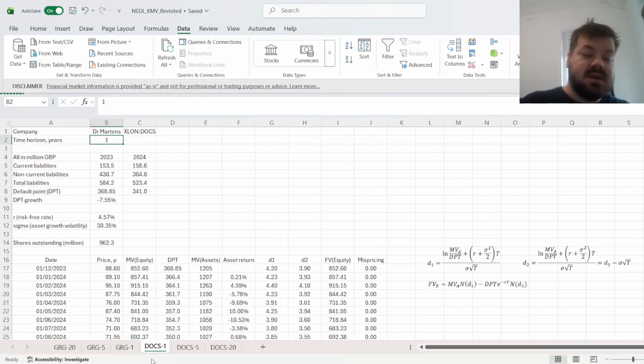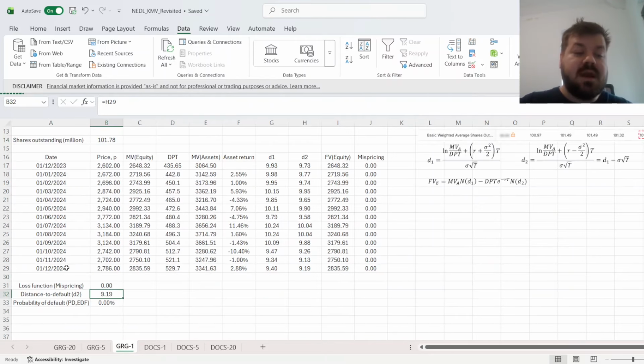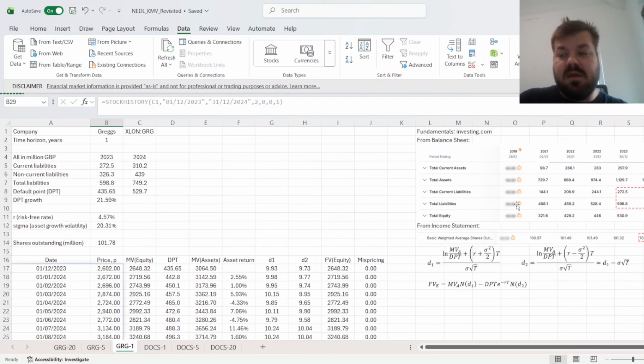So, for instance, here for Greggs, we can only estimate it as of year-end 2024, as that's where we have the relevant liabilities data, and we are in December 2025 now, so as the data on liabilities is unavailable, we cannot precisely estimate what's going on here.